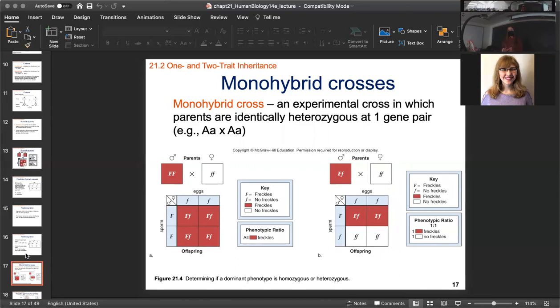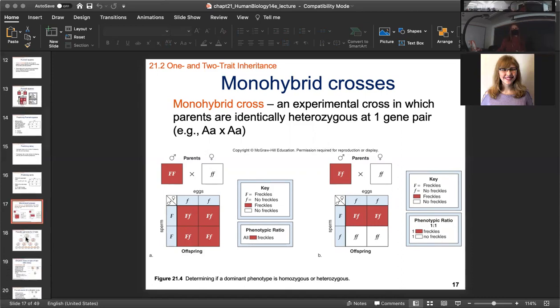For example, on the left, they have the same genotype for all of their offspring. And in B, they have it where their offspring are similar in two different ways, okay? This is determining if a dominant phenotype is heterozygous or homozygous. This slide doesn't really make sense to me, so we're going to keep moving on. Because a monohybrid cross is just saying that you're crossing one thing.